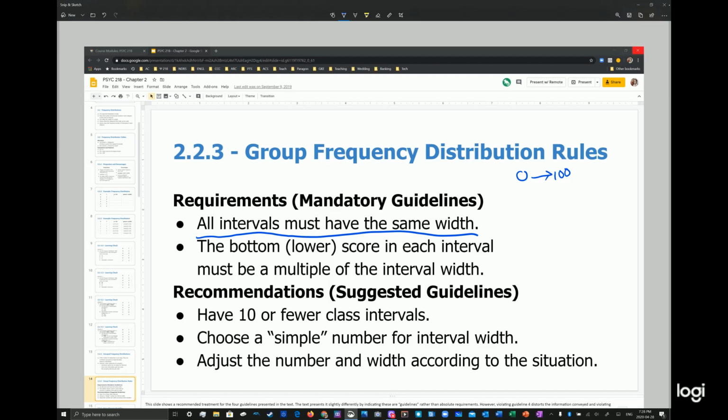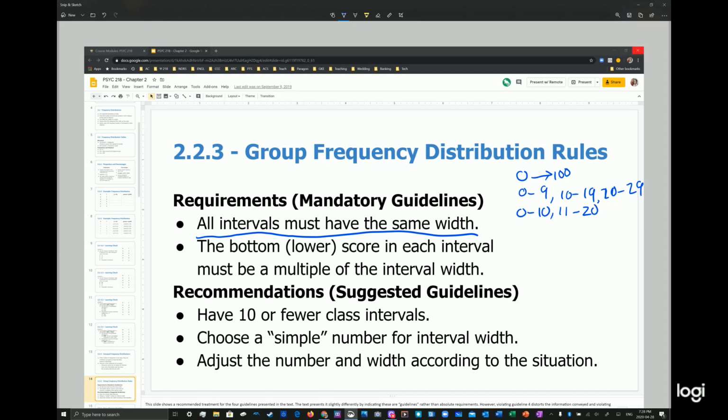It could be in intervals of 10, 0 to 9, 10 to 19, 20 to 29. Now notice I didn't do the following: 0 to 10, 11 to 20.